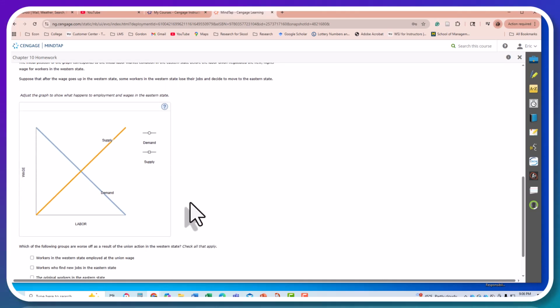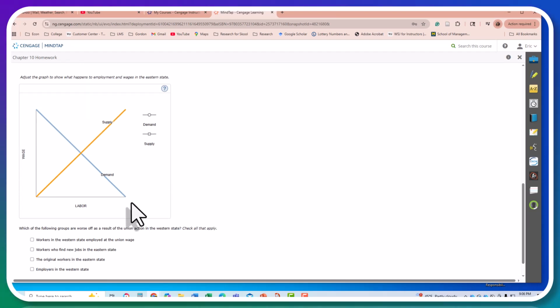And what happens when you have wages in the eastern states, supply and demand? It's going to ask you to play with the graphs. The wages are going upward. The demand would be going in the opposite direction, downward. Yep, the supply would increase quite a bit.